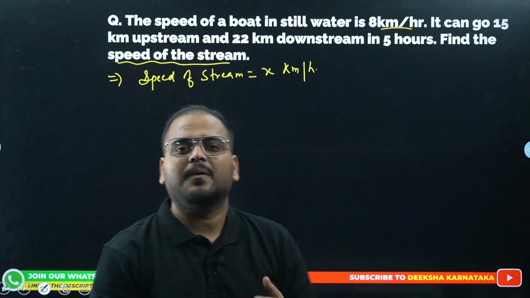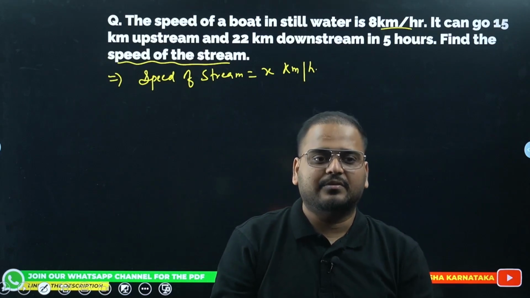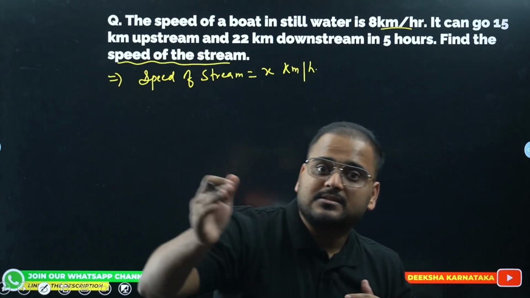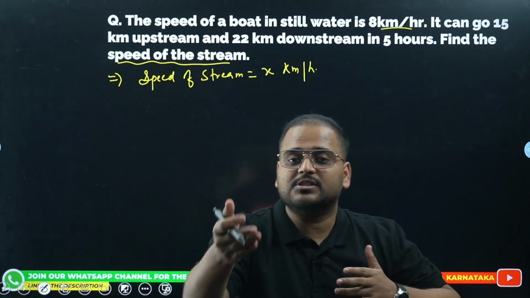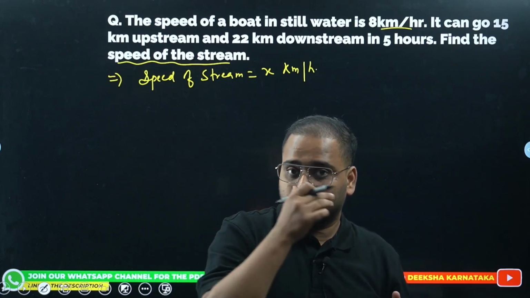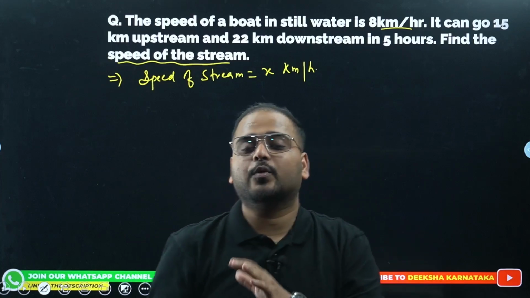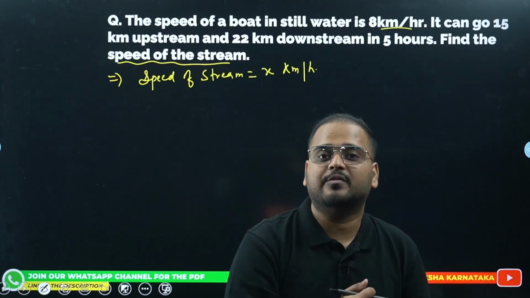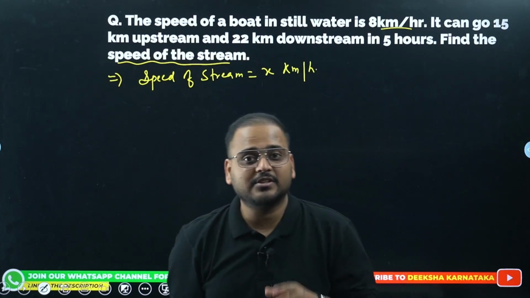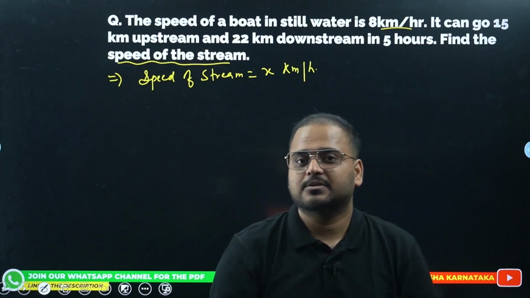What is the meaning of still water? If you ever visited a river, sometimes the river is flowing very fast. During rainy or monsoon season, a lot of water is coming from the mountains and there's a lot of rain also. For that reason there's a lot of stream in the river, which is unsafe to go. So if you are residing near rivers, please make sure you're not nearby in this weather. It's unsafe.